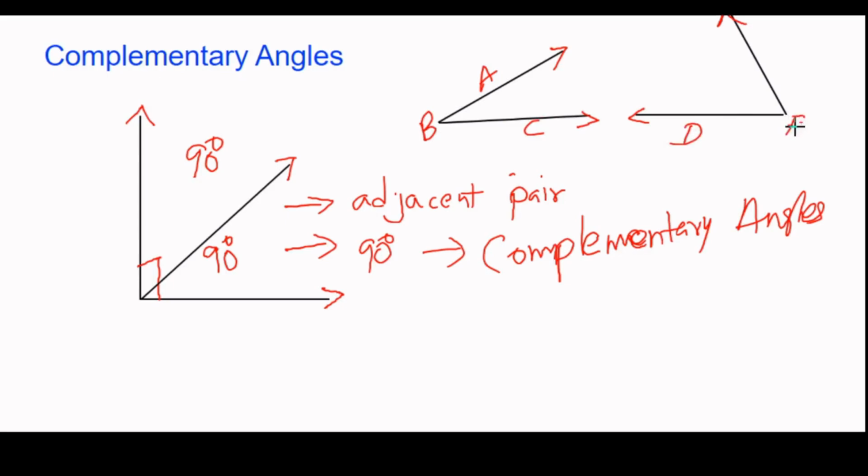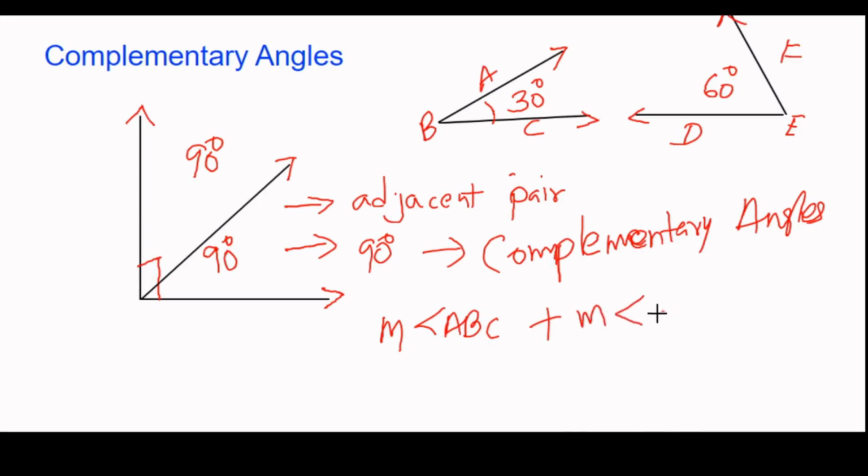Suppose the measure of ABC is approximately, not accurately, 30 degrees, and the measure of DEF is equal to 60 degrees. Now we know that the sum of the measures of ABC and DEF, if we total, it's a very simple calculation, will be equal to 90 degrees.